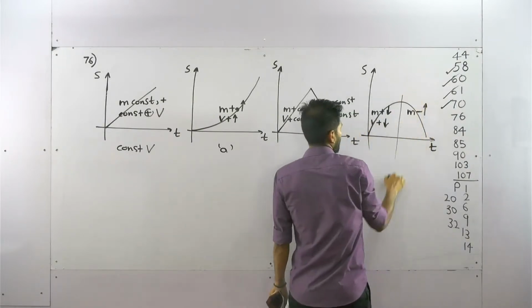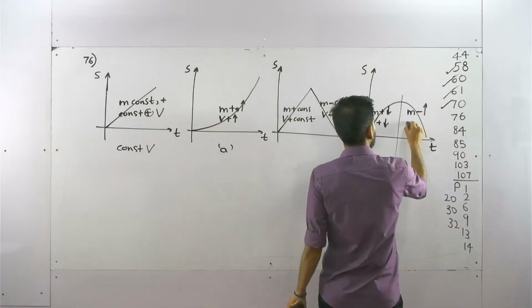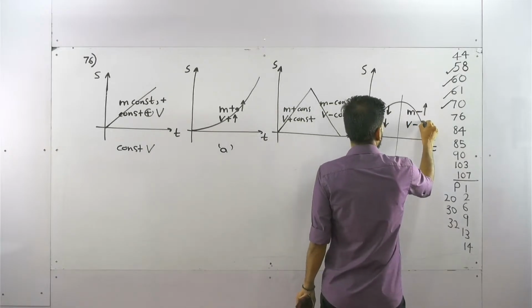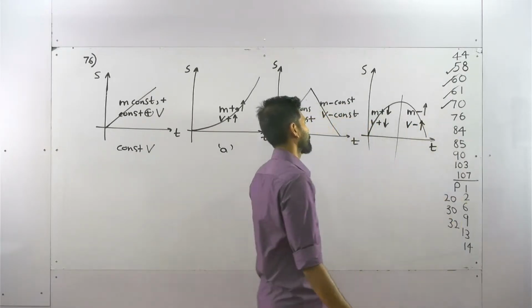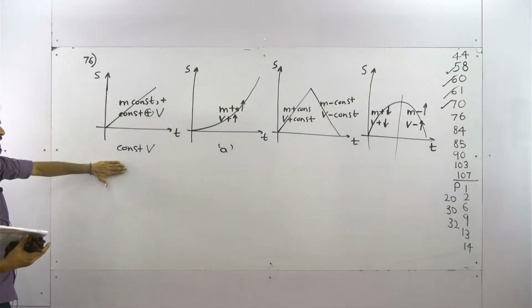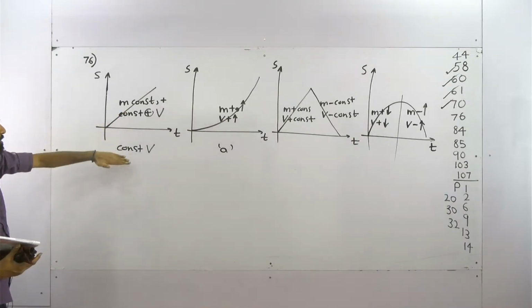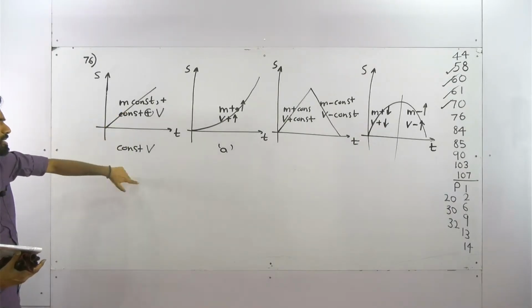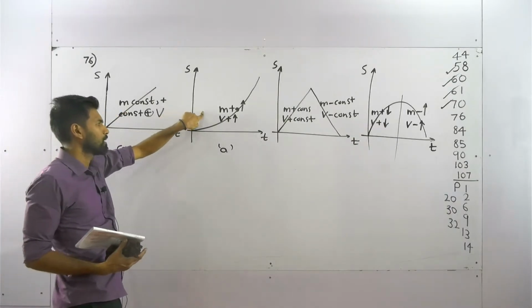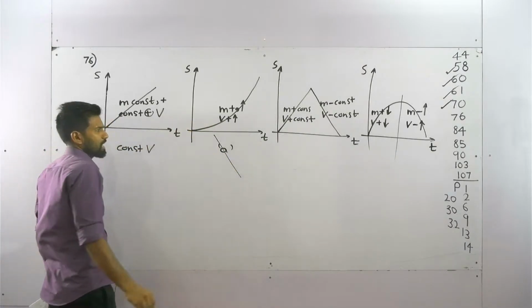Then velocity negative increasing. So this is a constant velocity. So it's also a uniform motion. It's a uniform constant velocity. So this is the acceleration. So I'm leaving this one. This is not the case they asked.